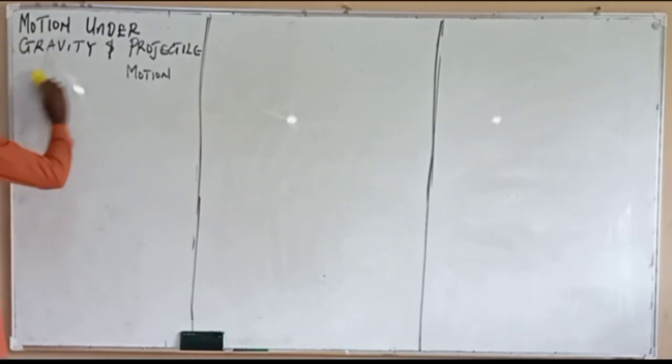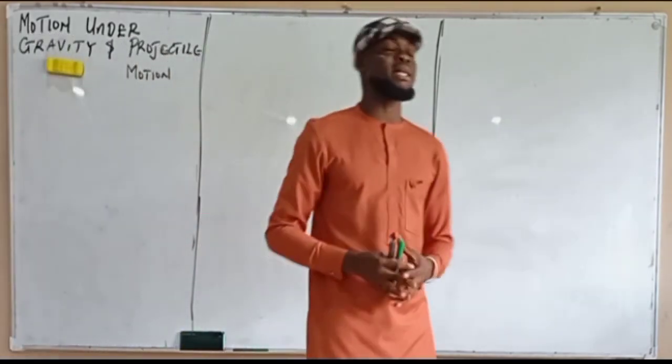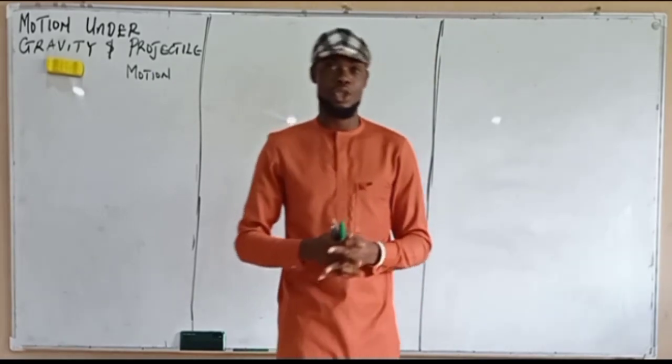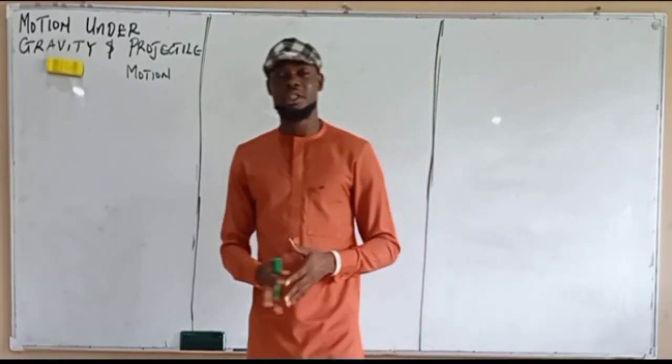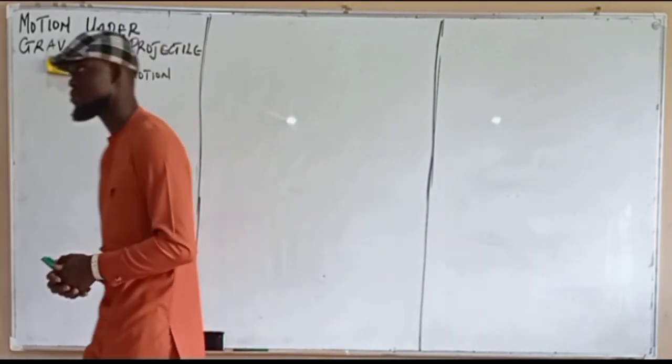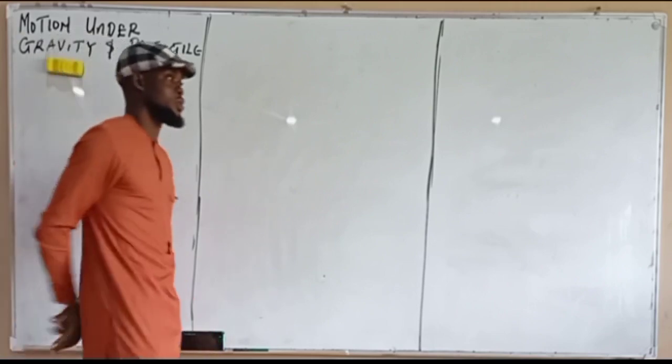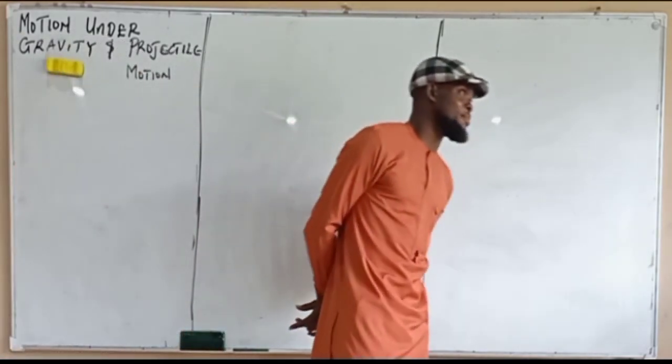Considering the diagram below, a body is projected at an angle theta to the horizontal with a velocity u meters per second.